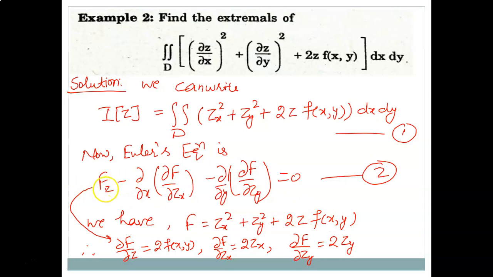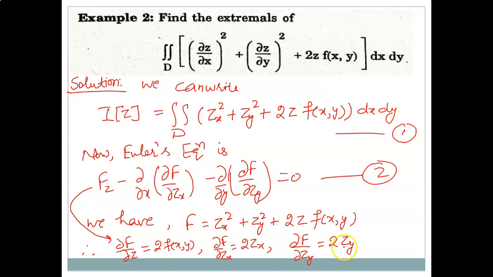Now what is this Fz? Fz means the partial derivative of F with respect to z. So if you take the partial derivative of F with respect to z, we get this 2f(x,y). Similarly, the partial derivative with respect to zx gives you this thing, and ∂F/∂zy again equals 2zy.